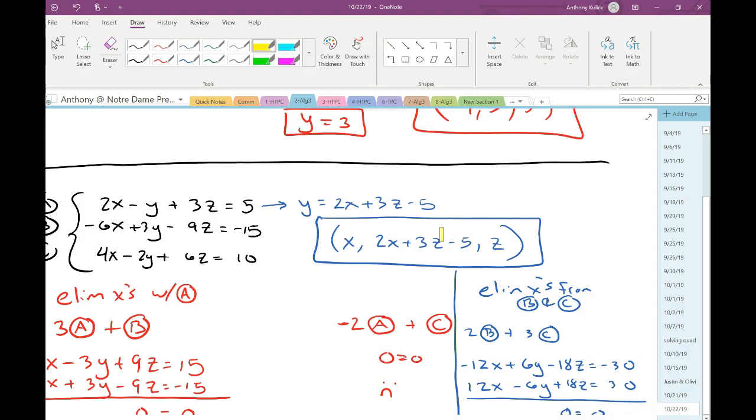But because this was such a poor example problem that the textbook created, where literally it's the same equation 3 times, the solution set is an entire plane instead of a line. So we have this solution.